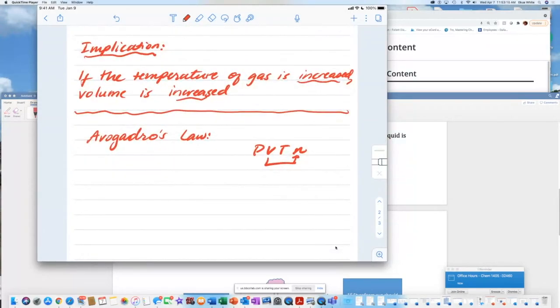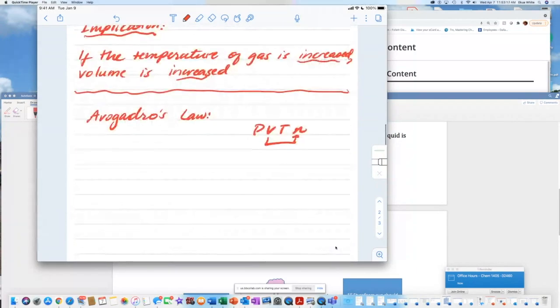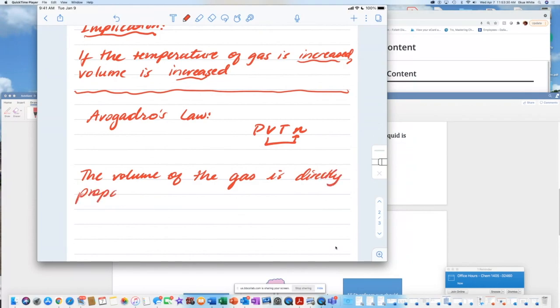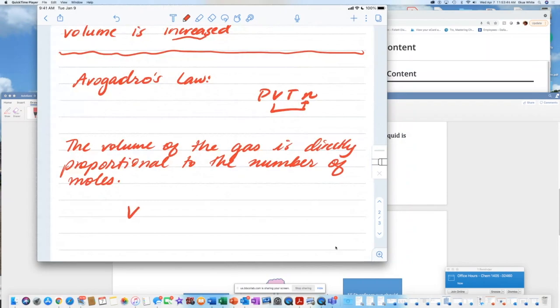And essentially he says, let me see, sticking with the format, the volume of the gas is directly proportional to the number of moles. So if I'm to write this down, volume, number of moles, directly proportional.